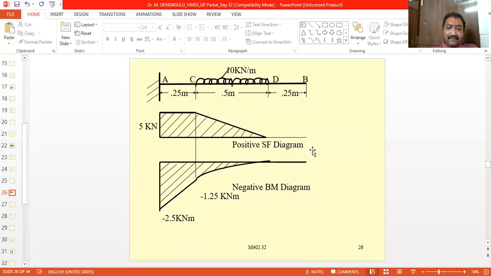Here it is 0 value, here also 0 value, and here it is 5, and here also 5.